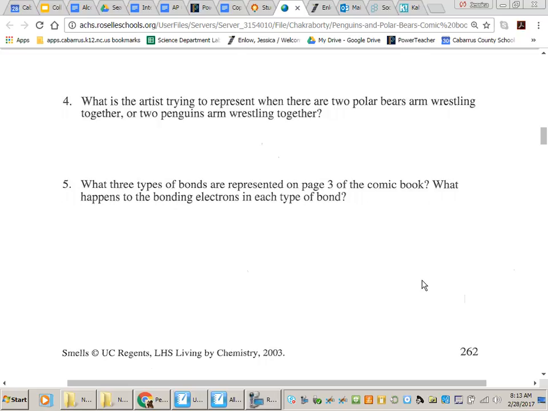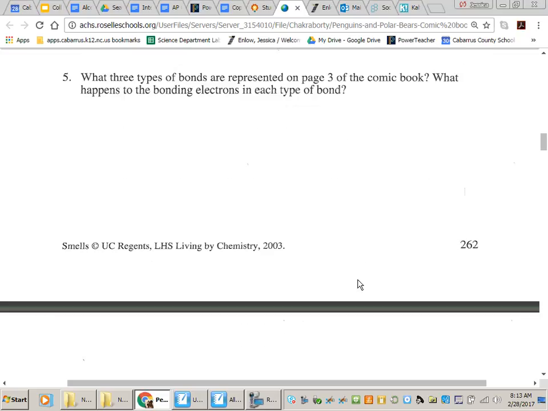Question 5, what are 3 types of bonds presented on page 3, and what happens with those electrons? So somebody from the front table right here, Jacob's table, give me one of them.